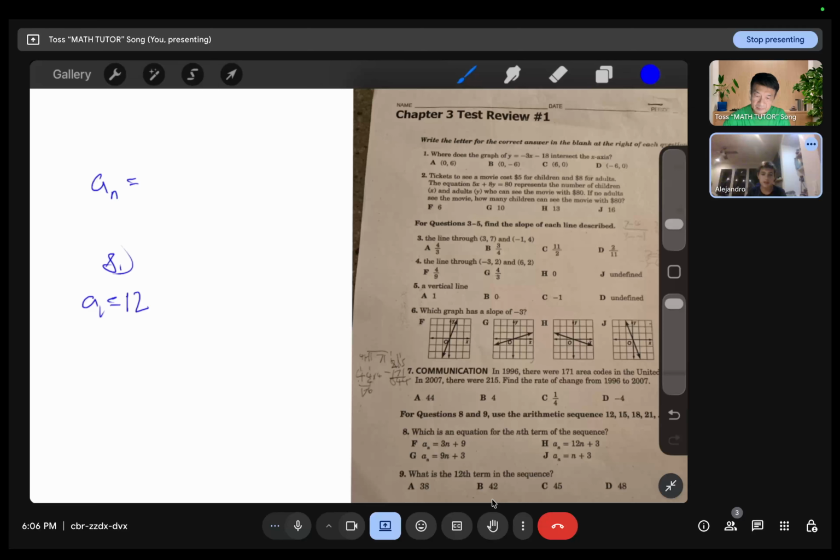Yeah, so it's a_n equals a_1 plus, then in parentheses, n minus 1, and then times it by d. Times it by d. Okay.